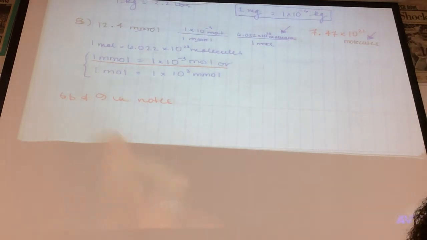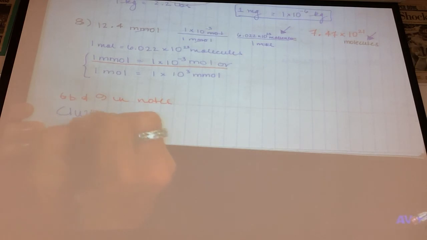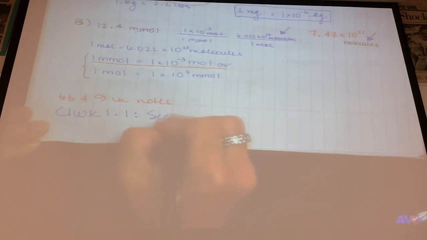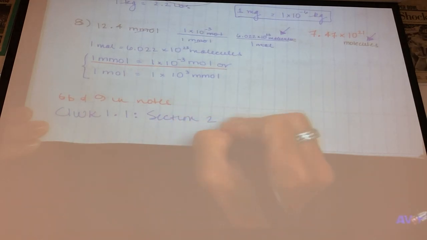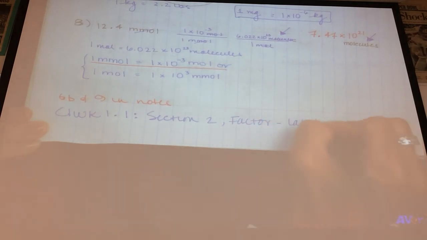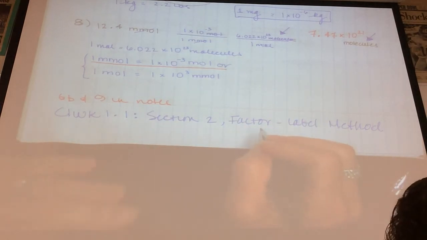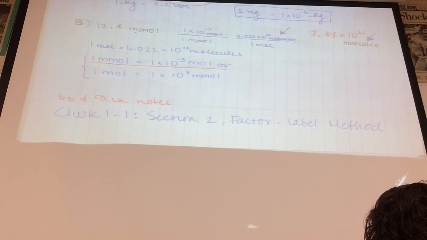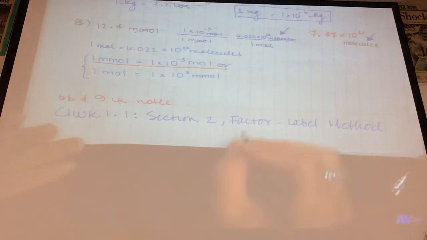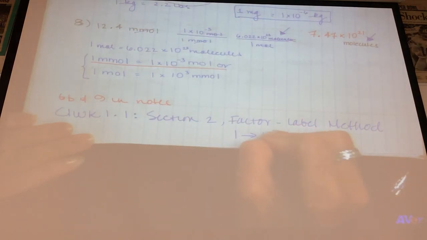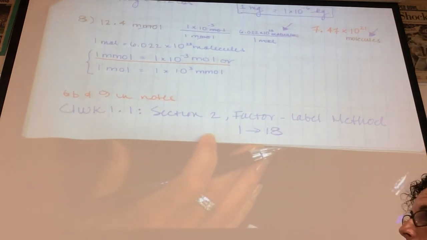And then on the classwork that was on your desk this morning, you're going to do section 2, which is the factor label method. And you want to be able to do that section, which I believe is numbers 1 through 14. No, 1 through 18. So that's going to give you a lot of practice.